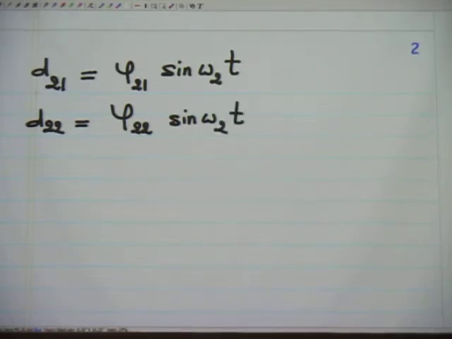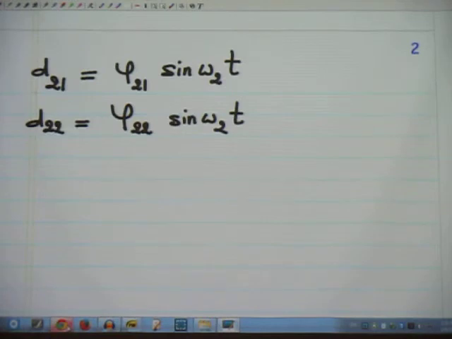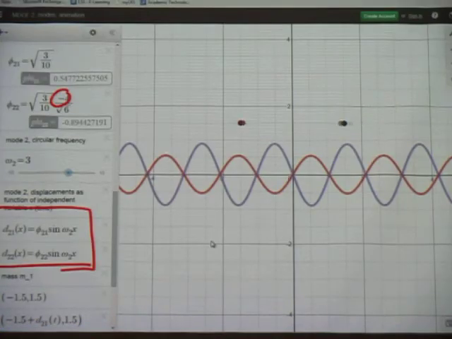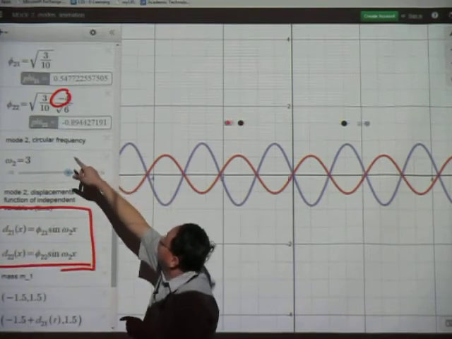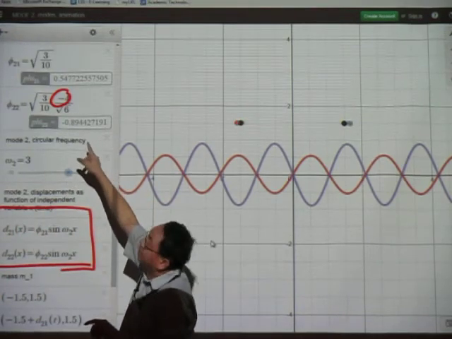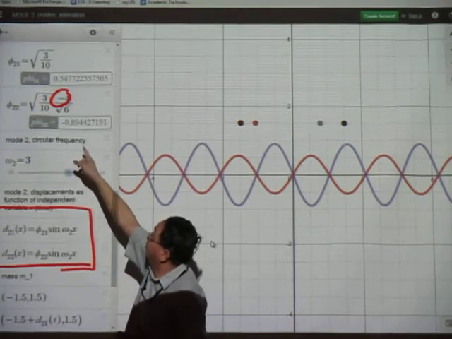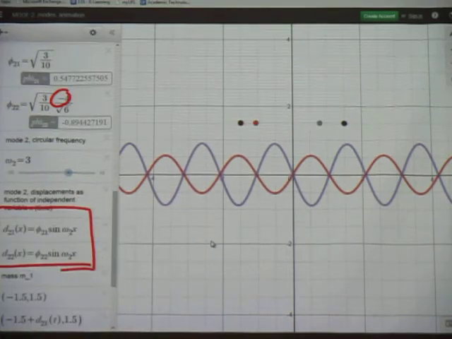The only thing that you want to keep in mind, regardless of the numbers, is that phi 21 is square root of 3/10. That's a positive number, whereas phi 22 is a negative number. Whatever that number is, not so important, but the sign is important.